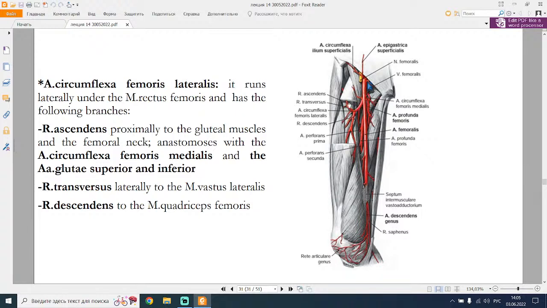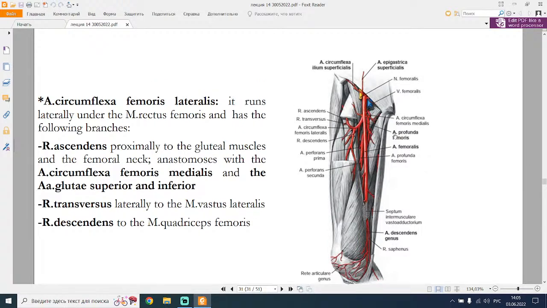It runs laterally under the musculus rectus femoris and has the following branches: ramus ascendens, proximally to the gluteal muscles and femoral neck, anastomosing with arteria circumflexa femoris medialis and arteria glutea superior et inferior; ramus transversus, laterally to musculus vastus lateralis; ramus descendens to the musculus quadriceps femoris.